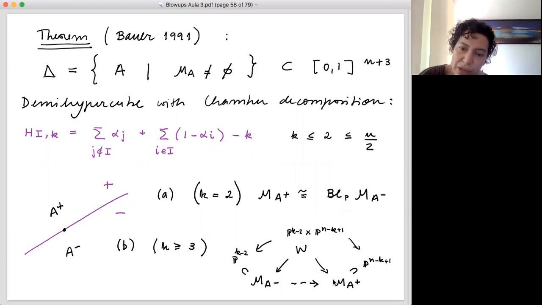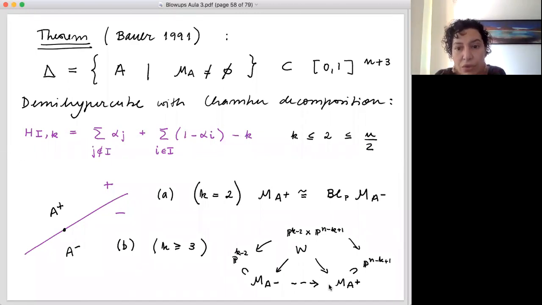This contraction gives you the new moduli space M_A plus. So as before, what you have here is a pseudo-isomorphism between the moduli space with respect to one weight and the moduli space with respect to the other weight. This work was done by Bauer.